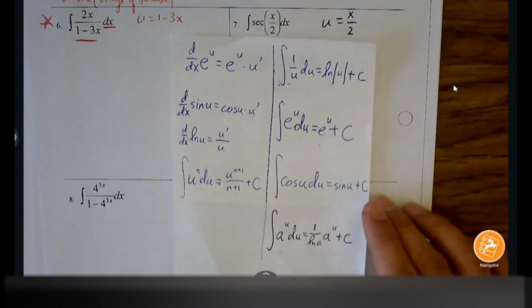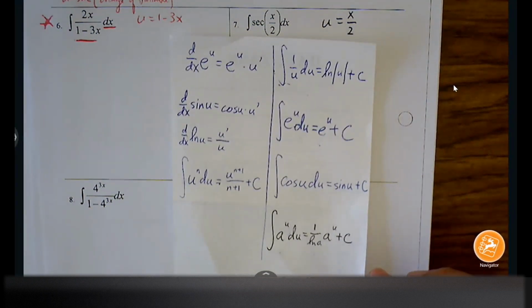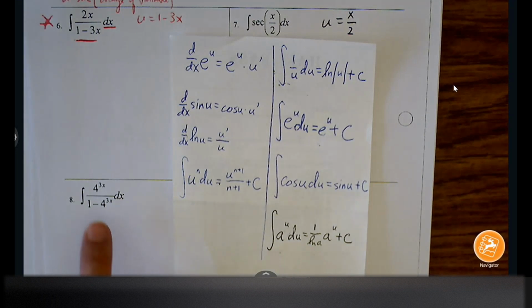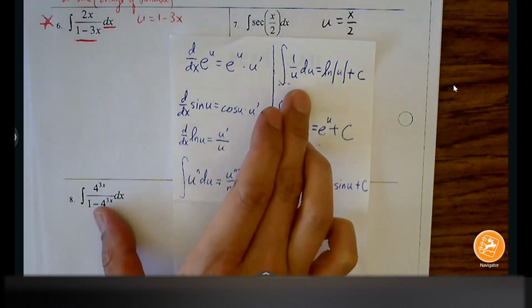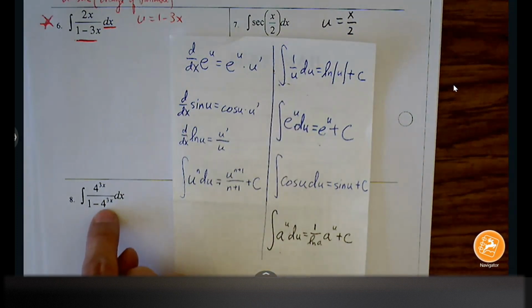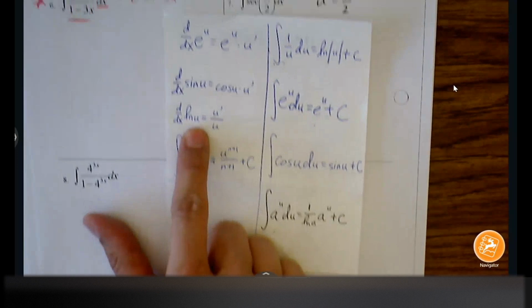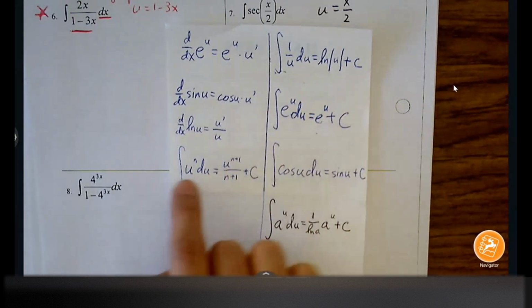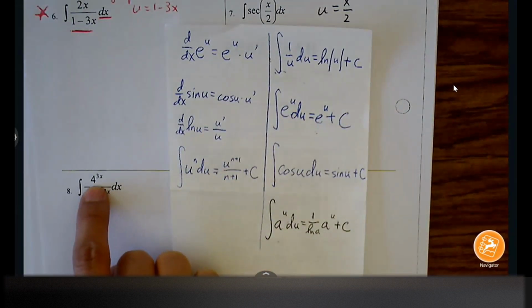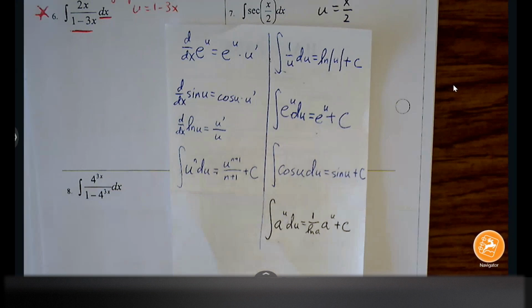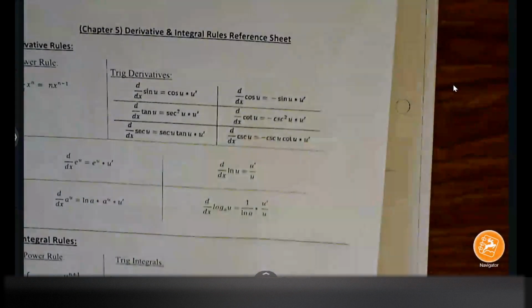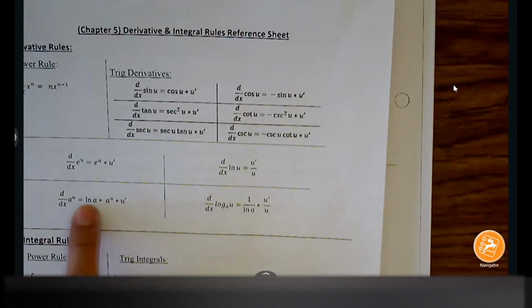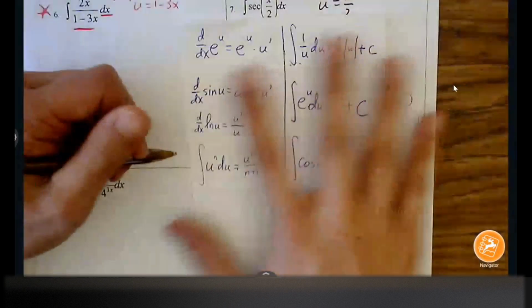Okay, what's our u value? 1 minus 4 to the third x. That's right. Yeah, you let the entire denominator be the u value, work your way towards 1 over u. You know that this derivative should be able to handle some form of that if we use our derivative rule for a to the u, which I have here. But yeah, denominator.